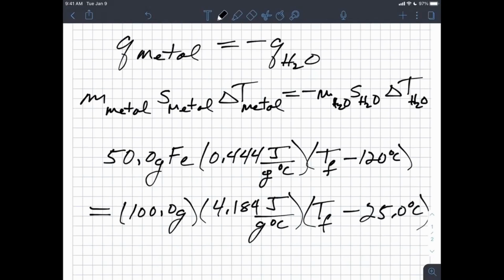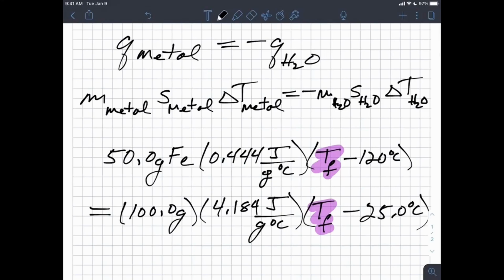In this case, it looks like we've got one equation with one unknown. The unknown is the final temperature, and we would have to solve for it. We could do that the brute force method, or you could use your calculator.